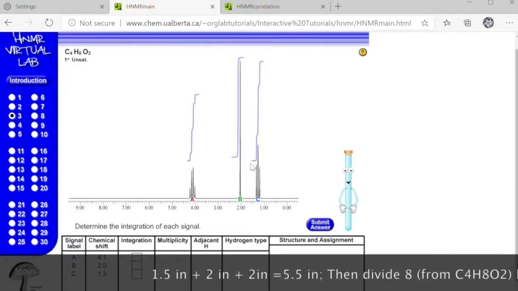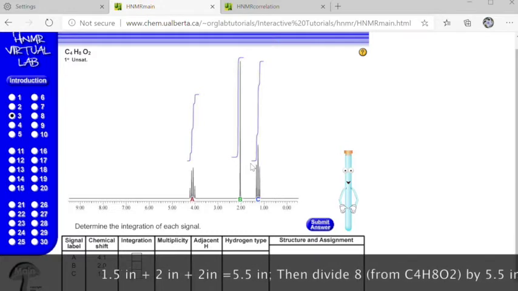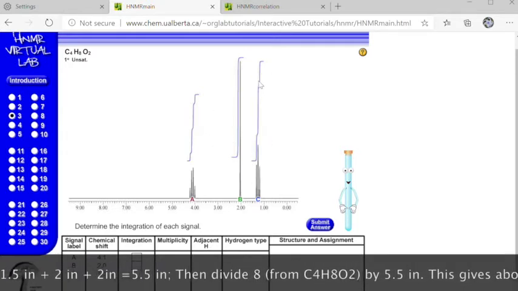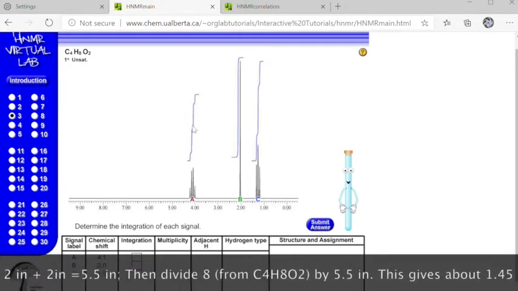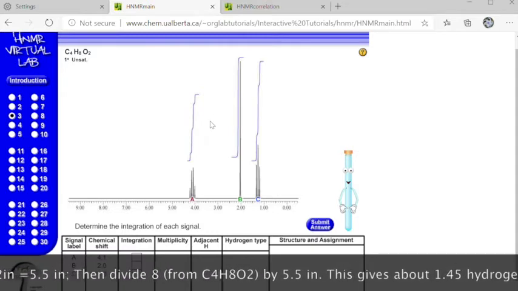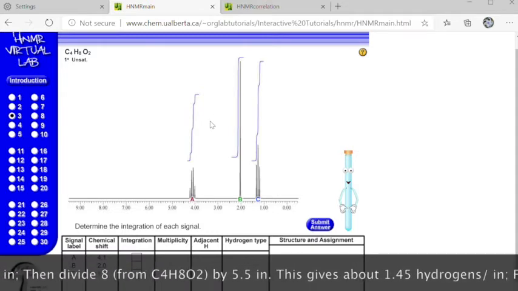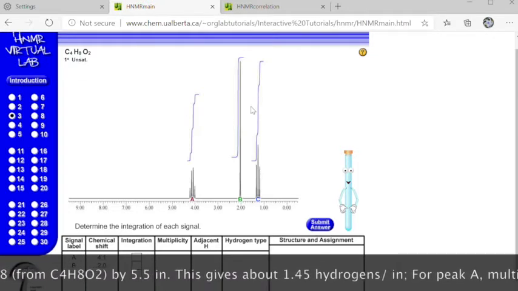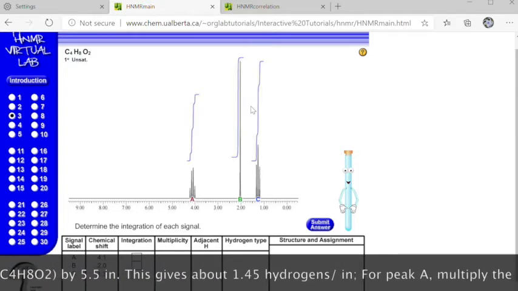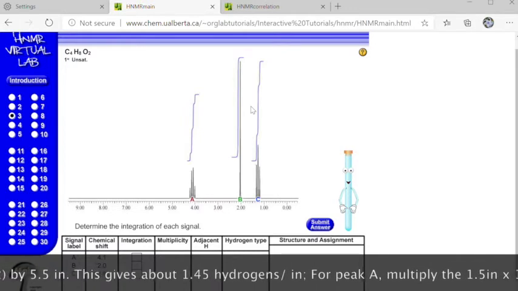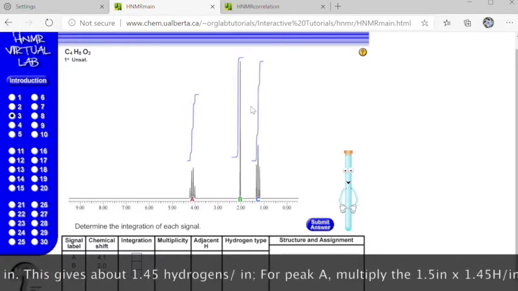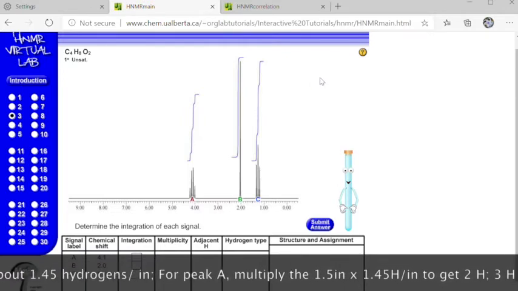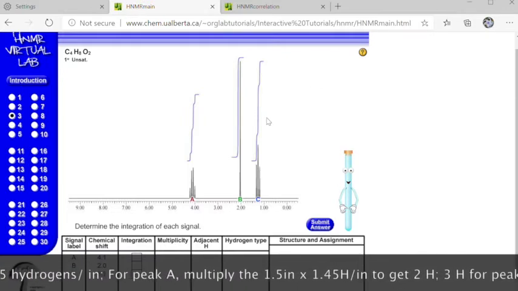And the third one is 2 inches. So when you tally that up, you're going to get 5.5 inches. So we have 5.5 inches distributed over those 3 peaks. Since we know there's 8 hydrogens divvied up over all 3 of those, we're going to take 8 hydrogens and divide by 5.5 inches. And that gives us 1.45 hydrogens per inch.